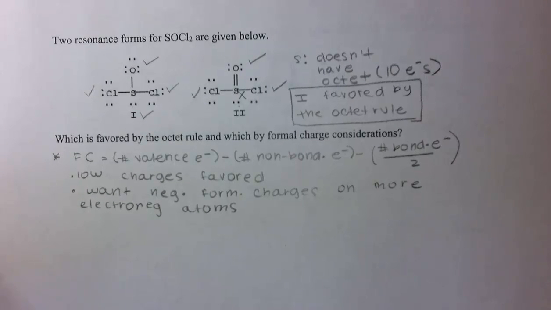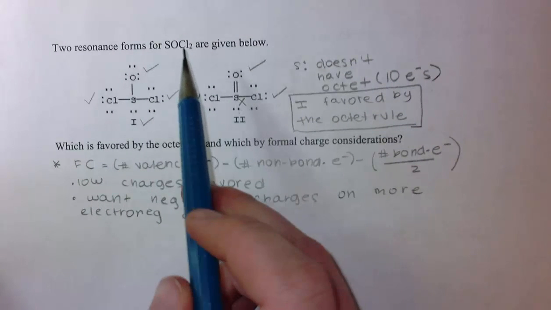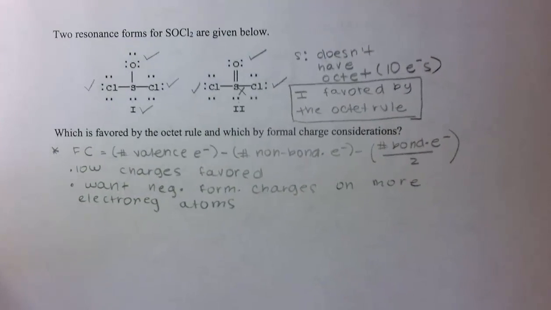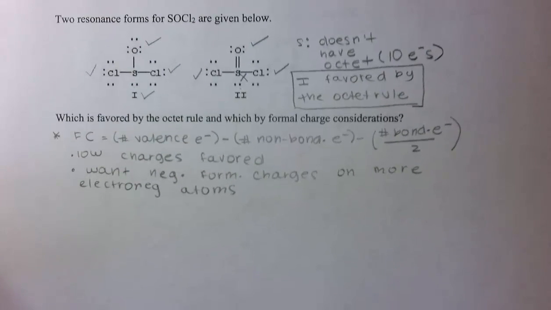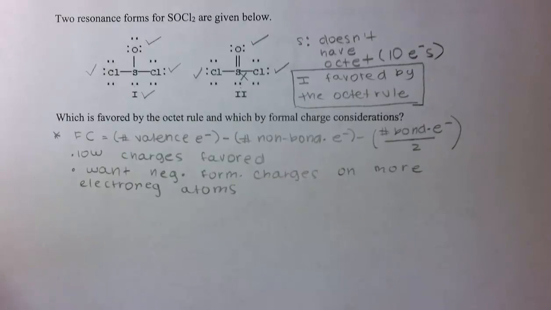And additionally, if we have a neutral molecule, which we do in this case, all of the formal charges need to sum to 0. So we also want to look out for that. I'll start calculating the formal charges for each atom in each resonance form.